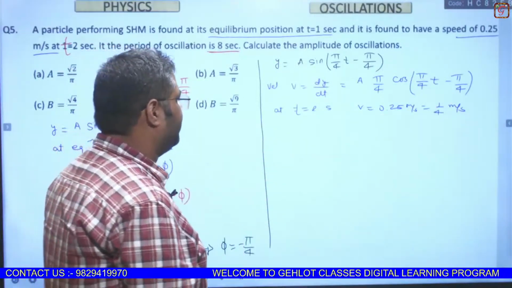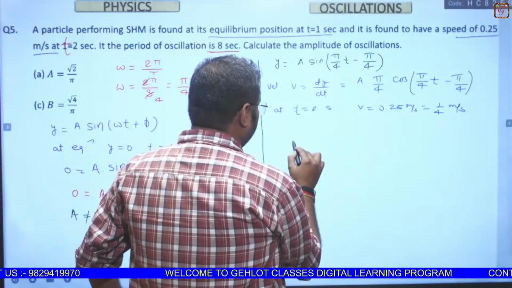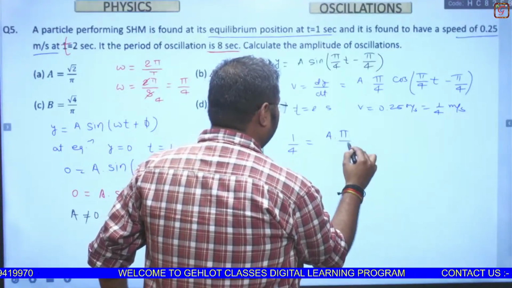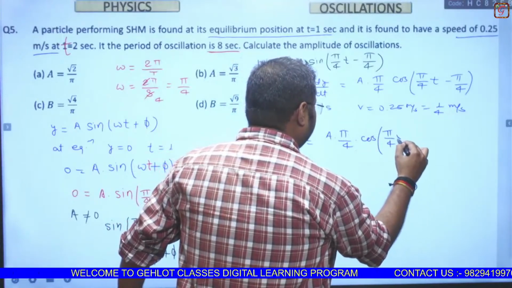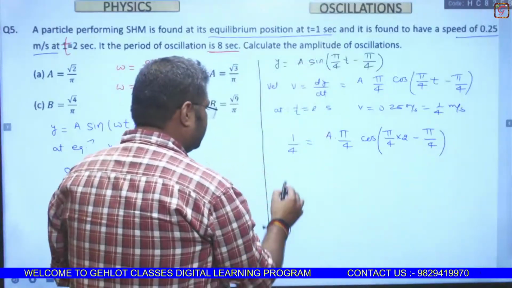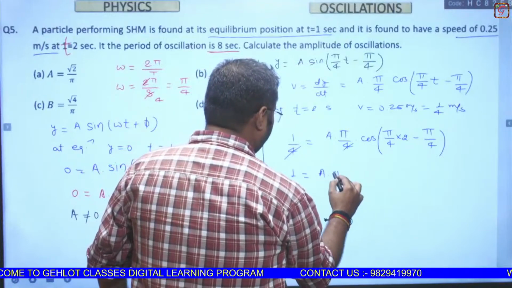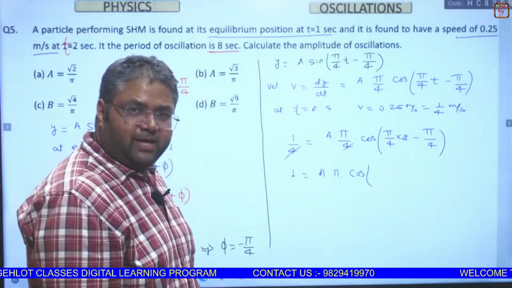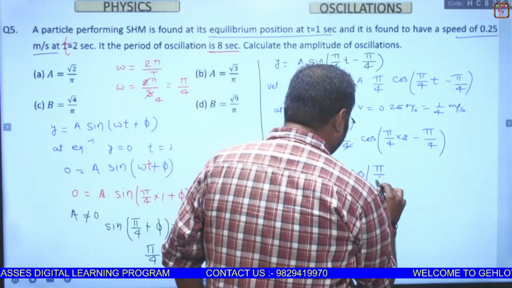Now substitute the value. So 1 by 4 is equal to a into pi by 4 into cos(pi by 4 multiplied by 2 minus pi by 4). See, the 4 will be cancelled out here. So 1 is equal to a into pi into cos(pi by 4 multiplied by 2, so pi by 2 minus pi by 4). So this will become pi by 4.